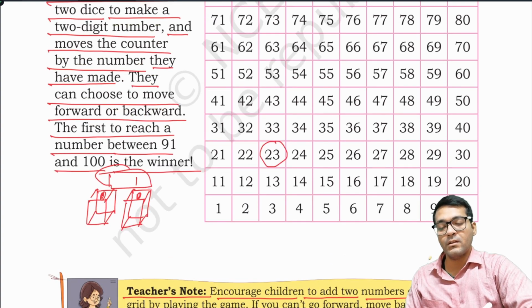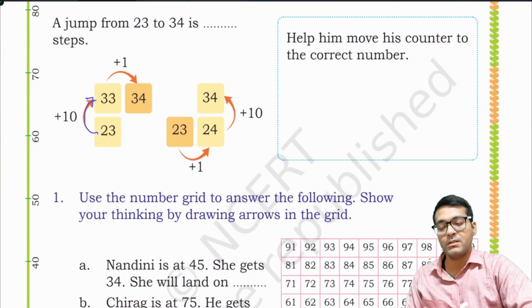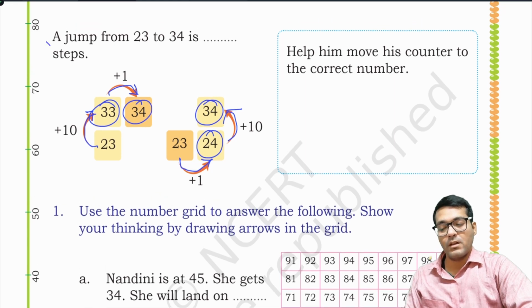She can move 11 by moving 10 and then 1, or 1 and then 10. She will get on to 34. You can see it here, 23 plus 10, 33, and 1, 34, or 23 plus 1, 24, and 10, 34. A jump from 23 to 34 is 11 steps.